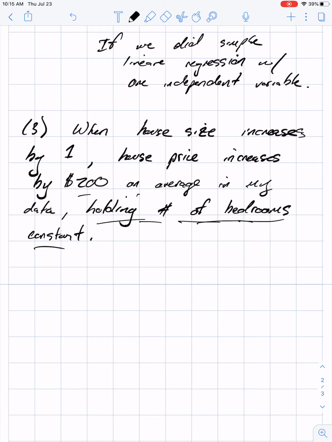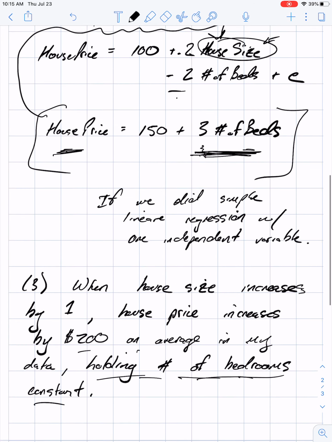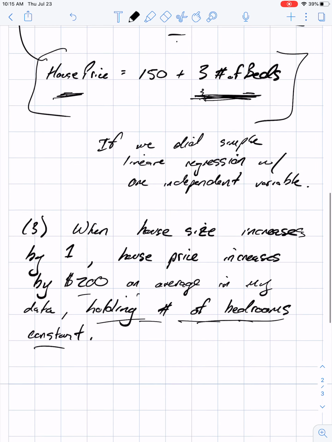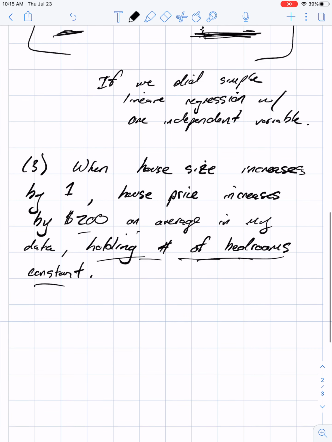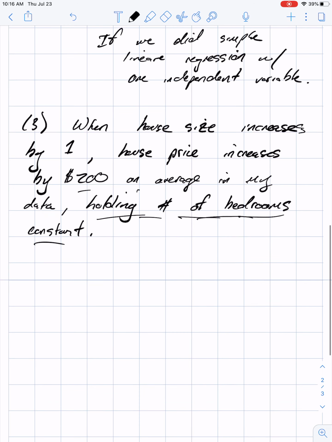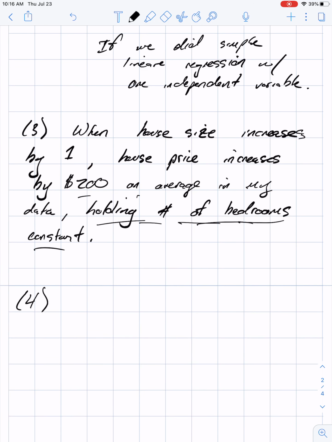So you don't have to list them all out. In this case, if you just have 2, it is good to say holding that other 1 constant, because then it's short. But if you had tons of independent variables, you could always just say holding other independent variables constant. So that's the slope interpretation. The next thing we want to do is find out, are those slopes statistically significant?